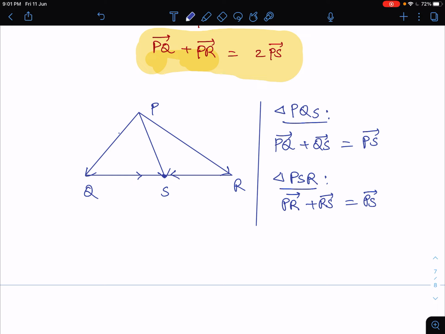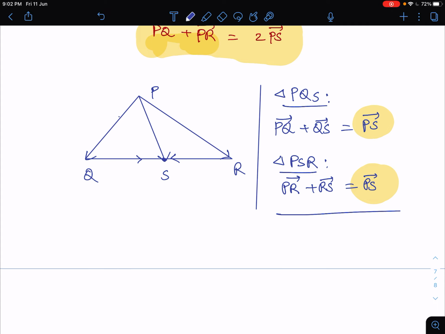So we are keeping PS on the right hand side, since if you add these two equations, you will get 2 times PS. So instead of SR, you need to take the vector along the RS direction, and this is the only way to keep PS on the right hand side.